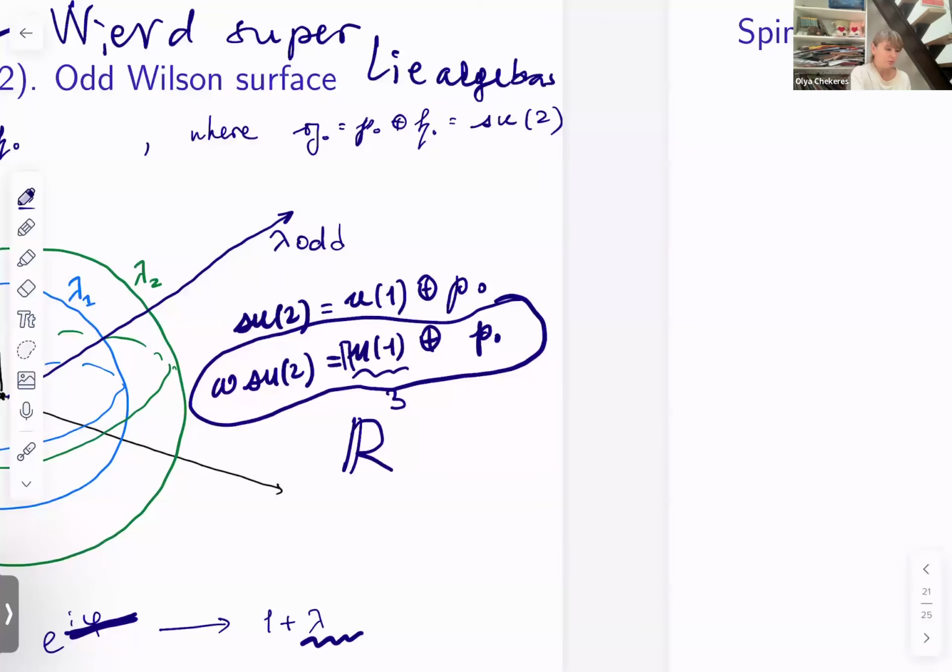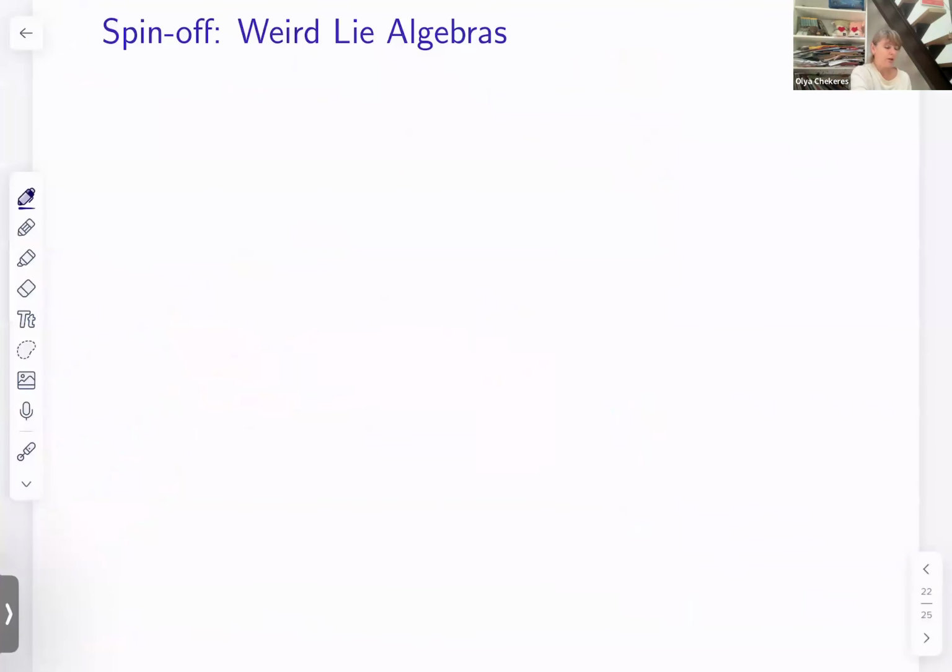So actually we got some kind of a spin-off, which we now call weird algebras. It's work in progress with Alexei Kotov and Vladimir Salnikov.